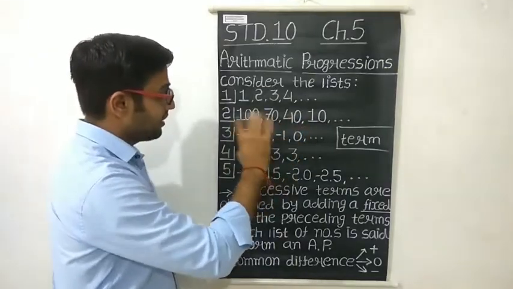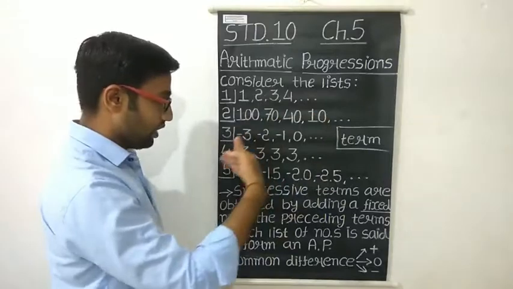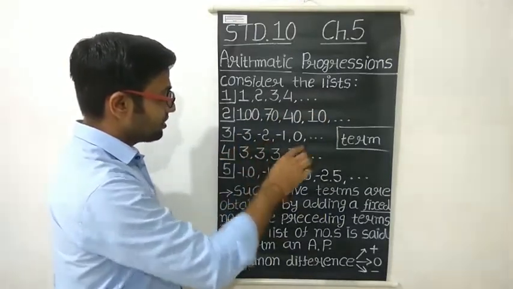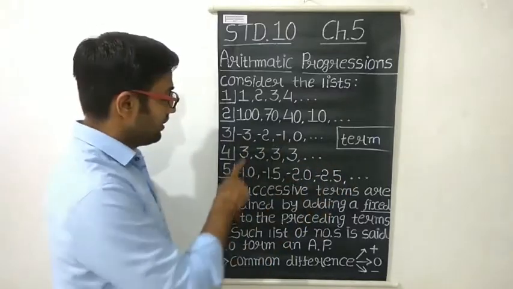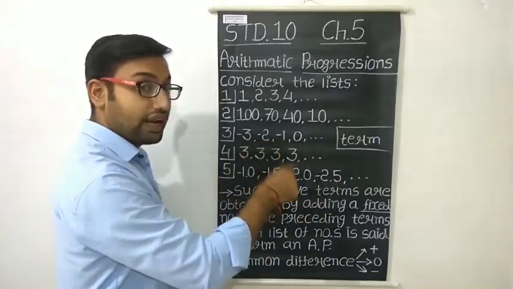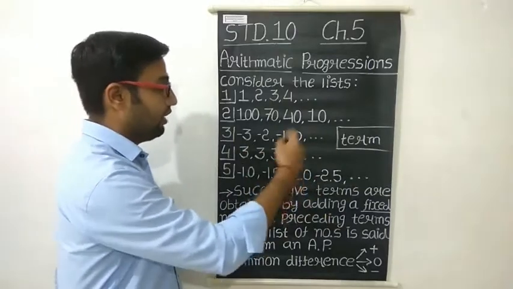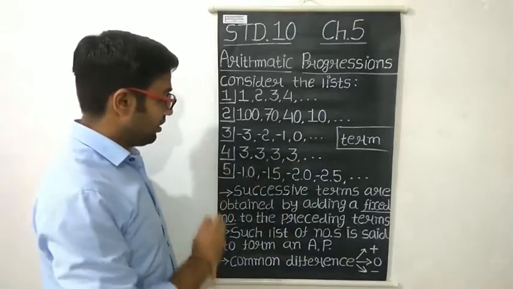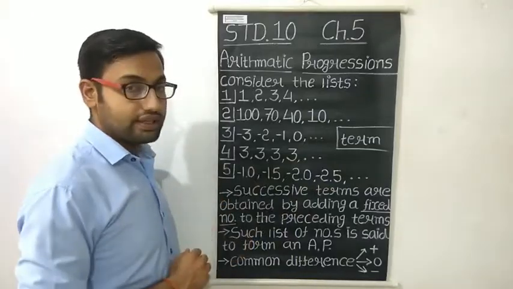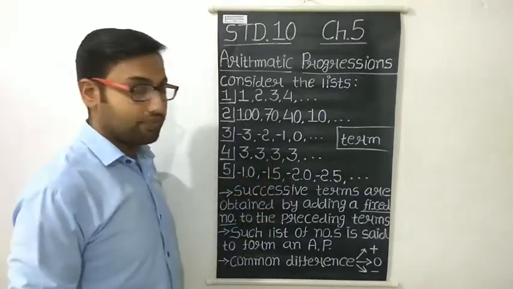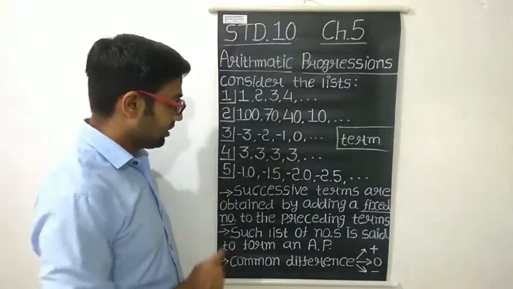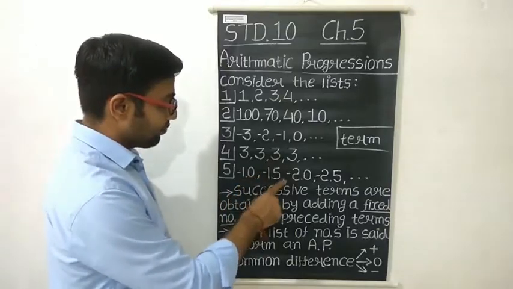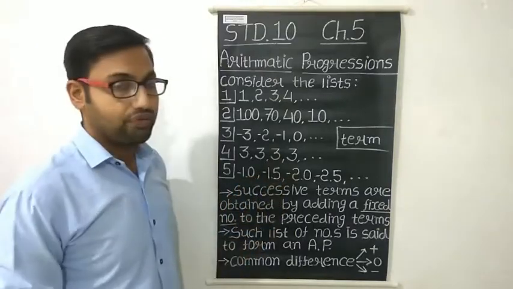In the same way, here the numbers are increasing, right? -3, -2, -1, 0. Then you know what the next number will be? 1, then 2, 3. In this list, nothing happens, neither increasing nor decreasing; only the same number continues. And in this pattern, the numbers decrease, like -1.0, then -1.5, -2.0, -2.5.